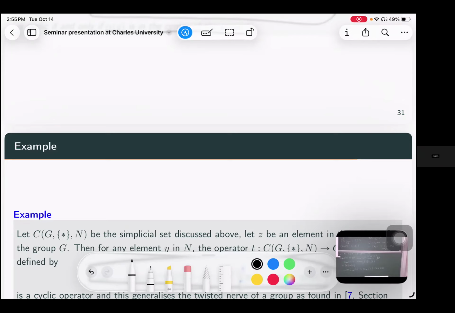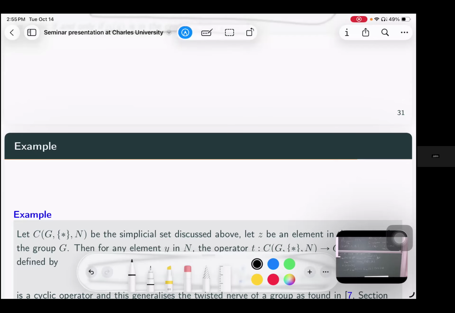Okay, so with the duplicial case, it is not always that you get the operator T being cyclic. I think if you want it to be cyclic, you have to put some sort of restriction on the category in question.